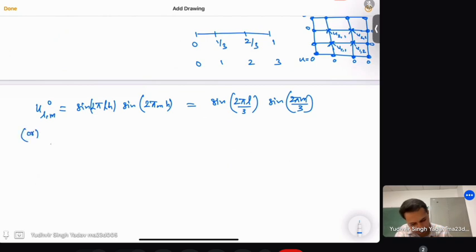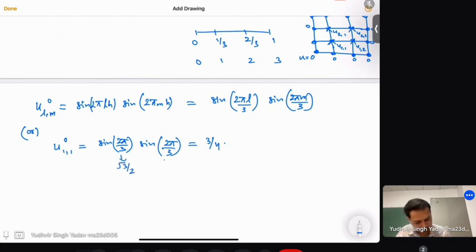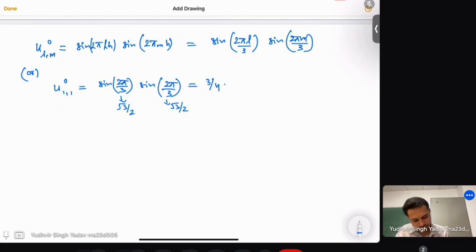For the required points, from the initial conditions we will have sine 2 pi by 3 and sine 2 pi by 3. It is nothing but root 3 by 2 and root 3 by 2, that is 3 by 4. Similarly, u2,1,0, u1,2,0, and u2,2,0 are all 3 by 4. You can find it out.